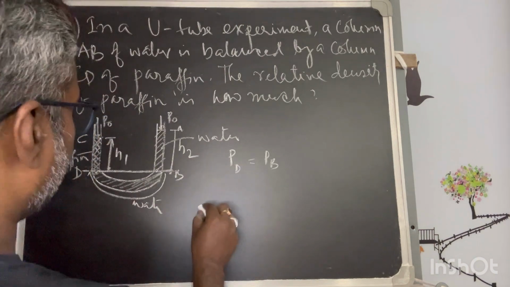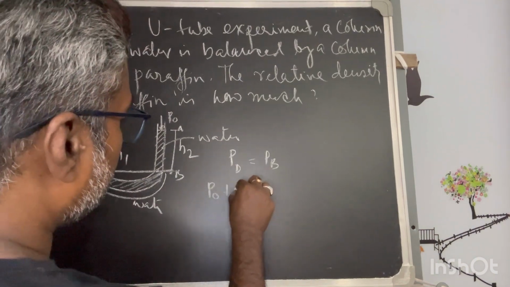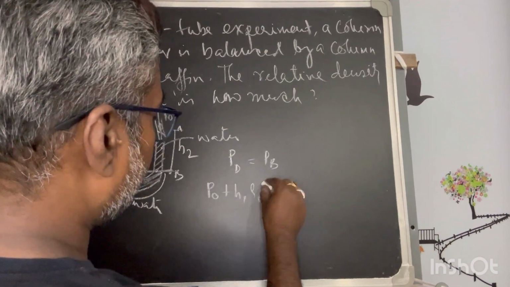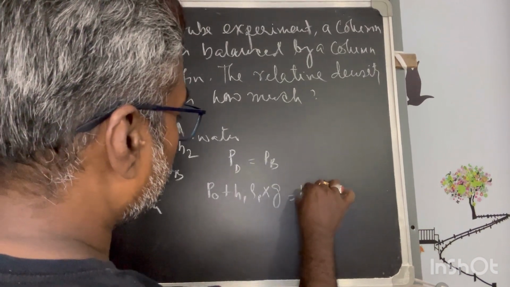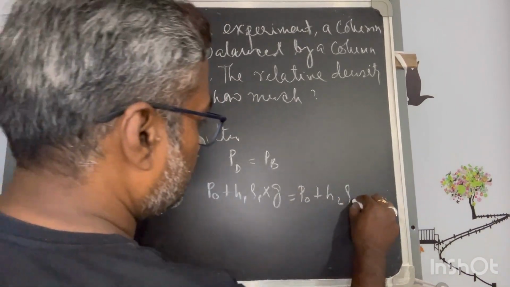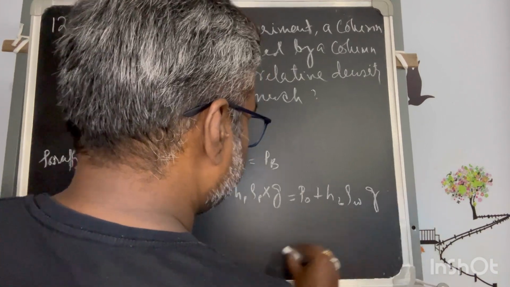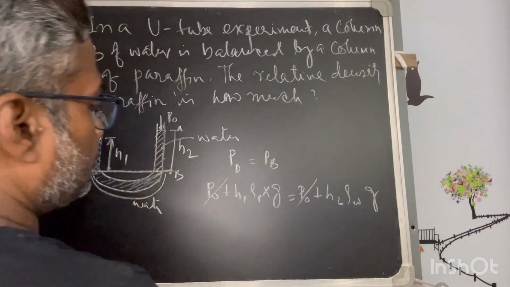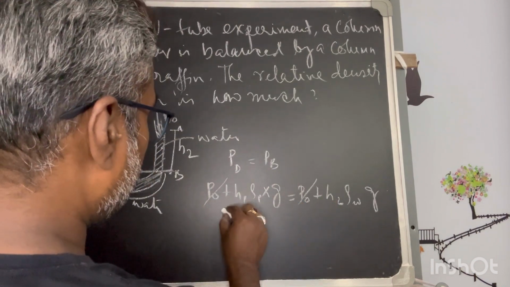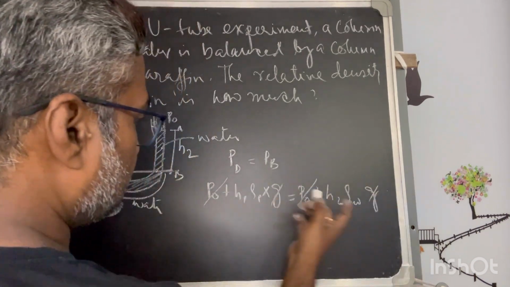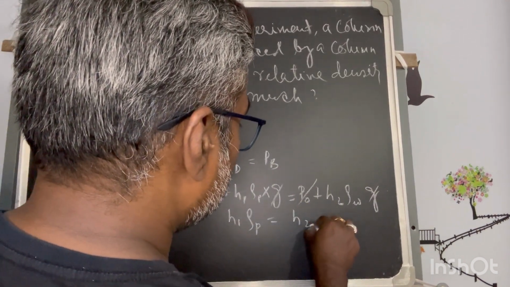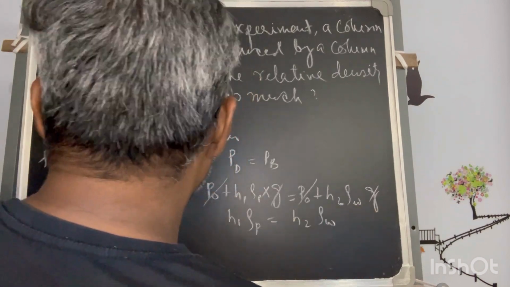So P0 plus H1 times density of paraffin times g is equal to P0 plus H2 times density of water times g. P0 will not participate in the calculation, and g also will not participate after removing this. So H1 times paraffin density is equal to H2 times density of water.